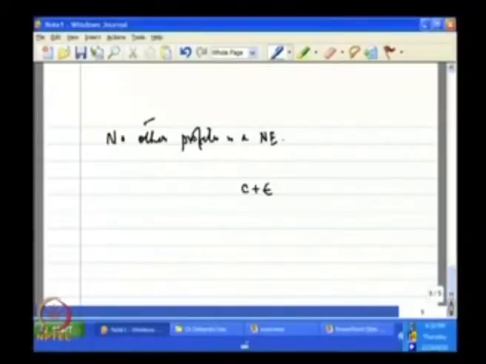Epsilon can be any small positive number. I can always find some epsilon such that my price still remains the lowest price, and in that case I earn some positive profit rather than zero profit. So, no profile can be a Nash equilibrium where there is only one lowest price, which is equal to C.